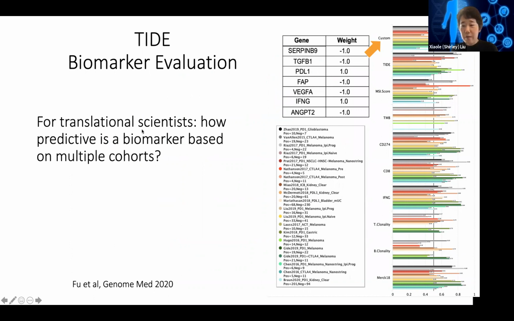If you come up with your own immunotherapy biomarker, you say, okay, these genes are bad, these are good, and you can use the weights to give them different weights or different signs. Then our algorithm will use all the published immunotherapy trials to see how well your biomarker is predicting the response compared to all the other ones: T cell infiltration, mutation load, PD-L1 level, CD8 infiltration, and so on.